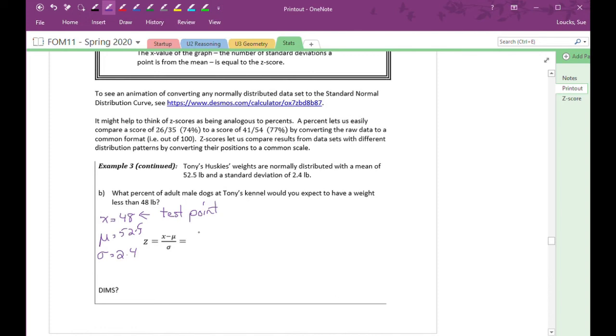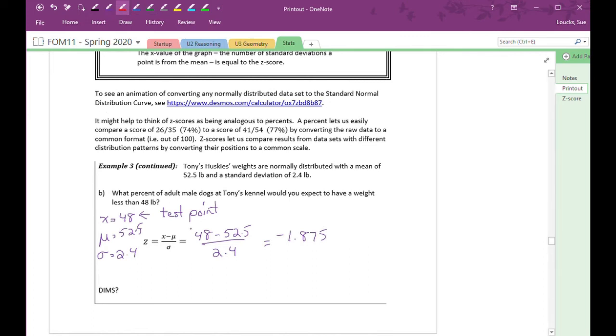So this is going to be 48 minus 52.5 divided by 2.4, which equals negative 1.875. Now, can you please take your calculator and check that you actually get that?